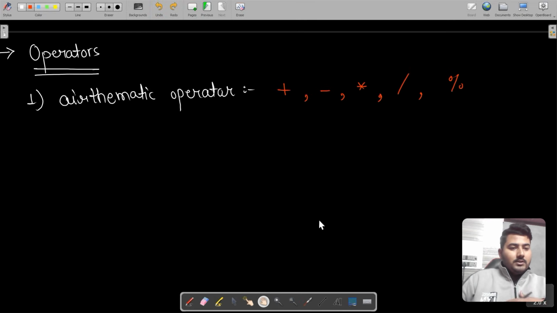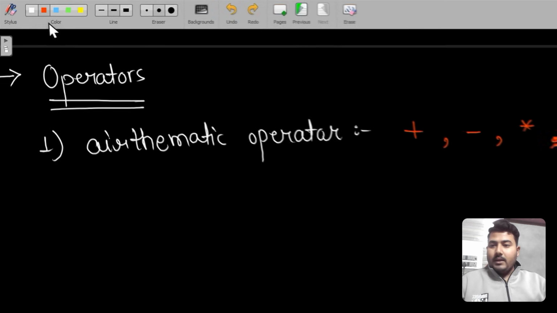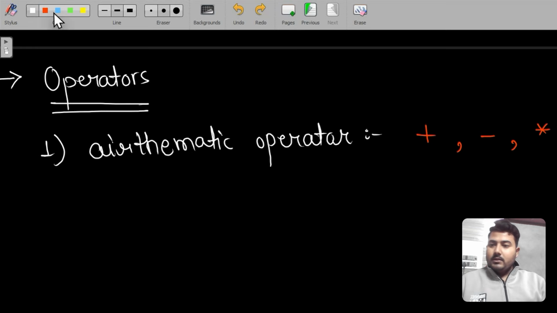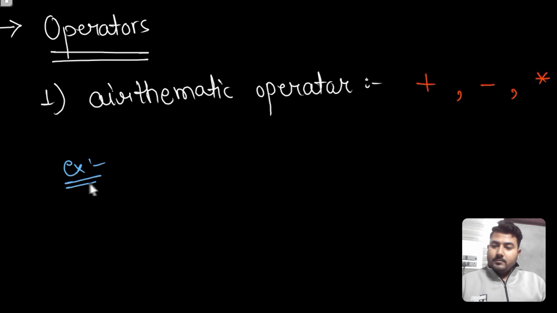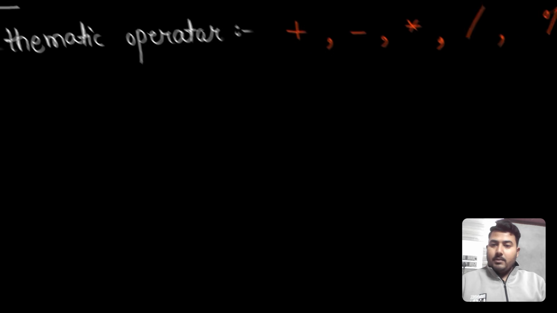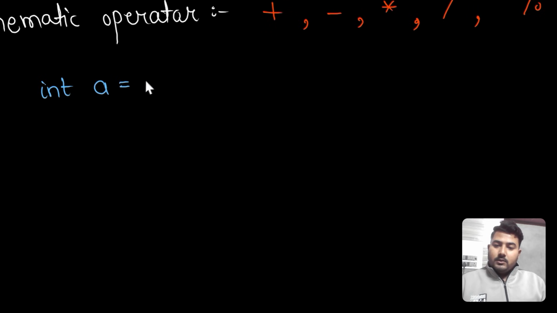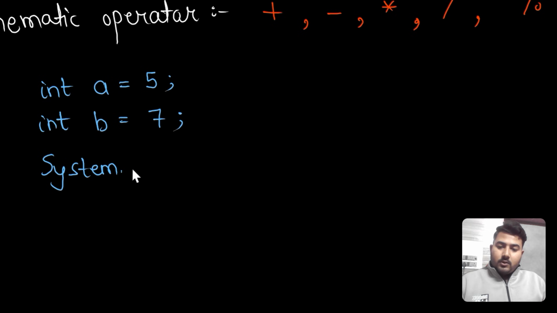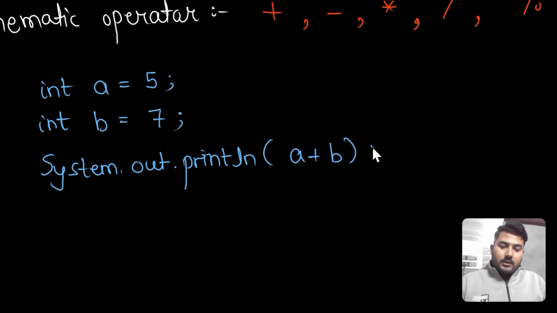What arithmetic operators do is help us perform mathematical calculations. If we have a couple of variables, for example, a variable int a is equal to 5, and let's suppose we have another variable int b. Now if I try to print with system.out.println, I can directly mention a plus b here.